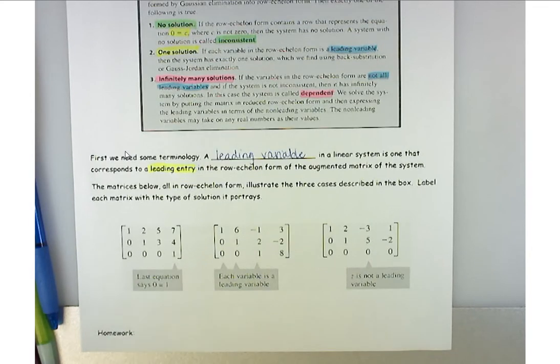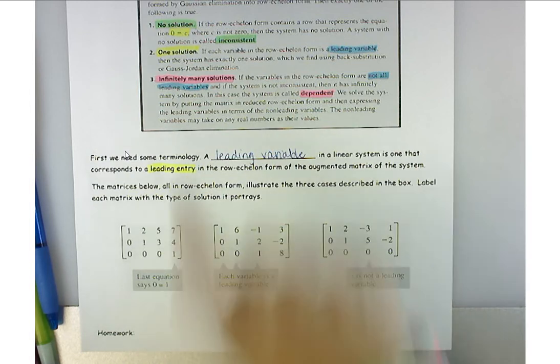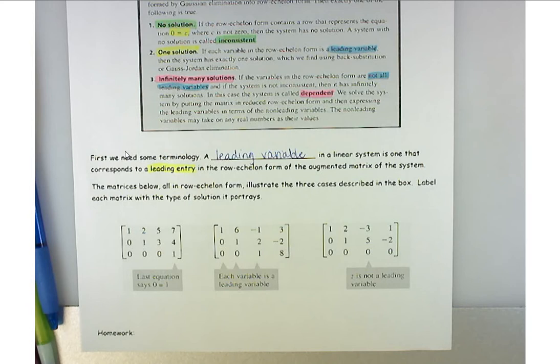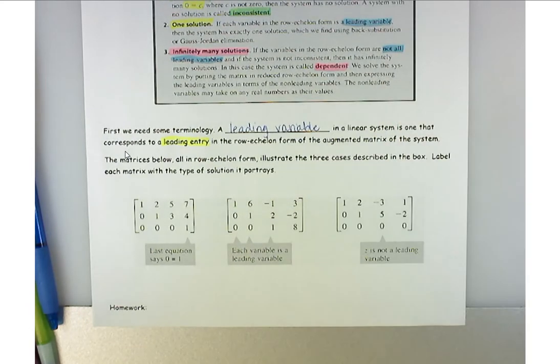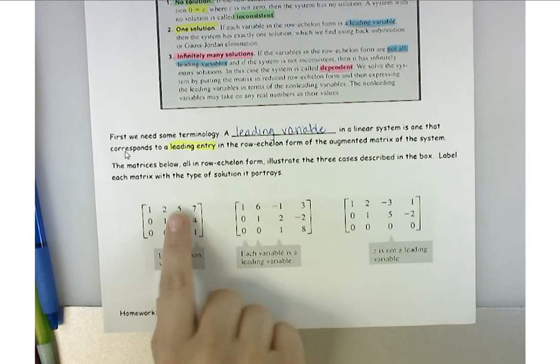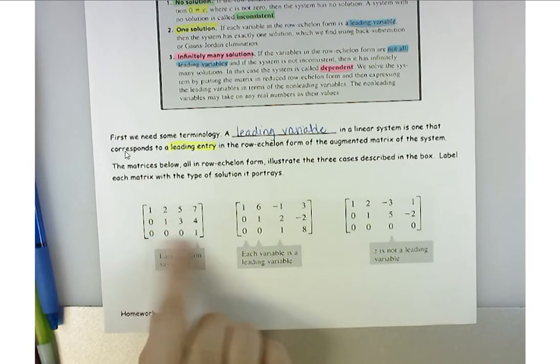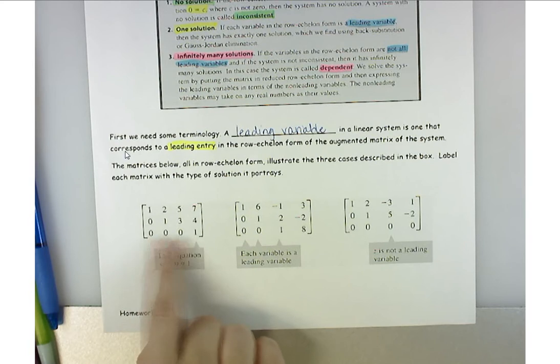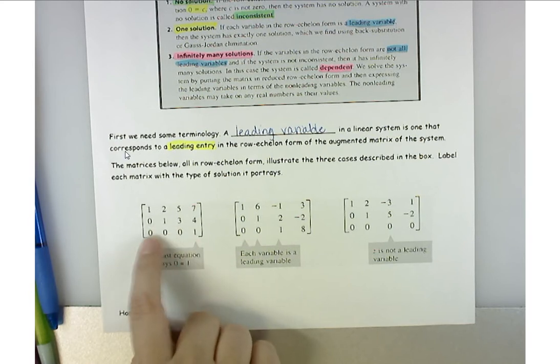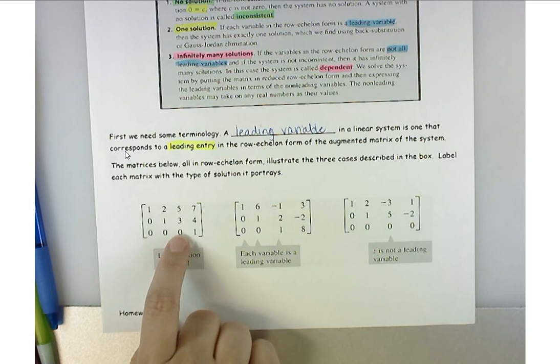The matrices below are all in row echelon form. They're going to illustrate these three cases, and we're going to label each one with the type of solution it portrays. If we look at this matrix, we have these leading ones, and then look at the last row. If I have zeros in these first three spaces, what does that mean? If you have 0, 0, 0, well, there'd be no variables, right?